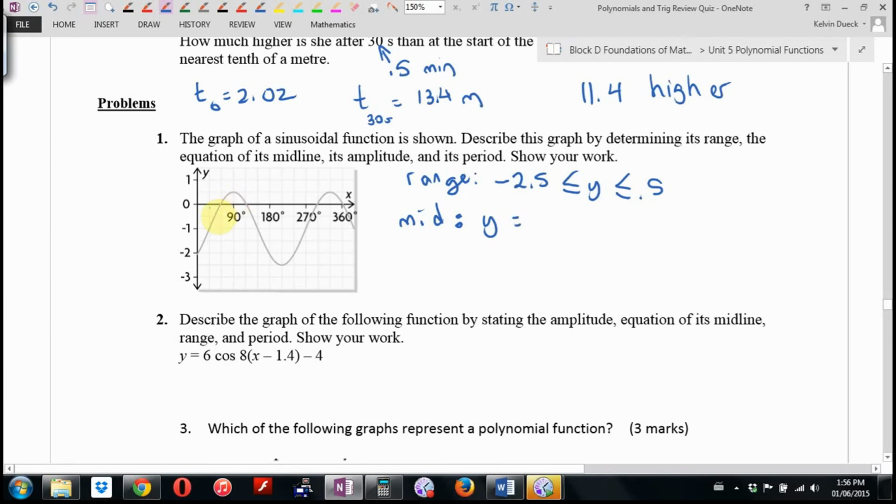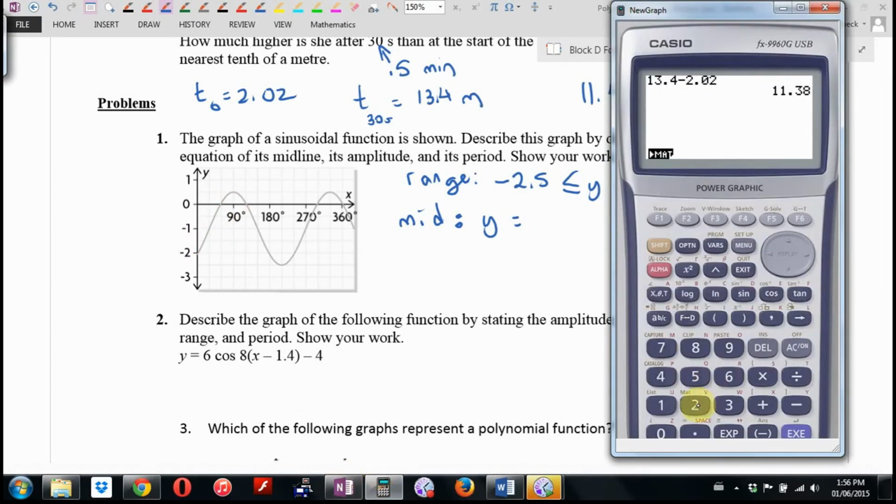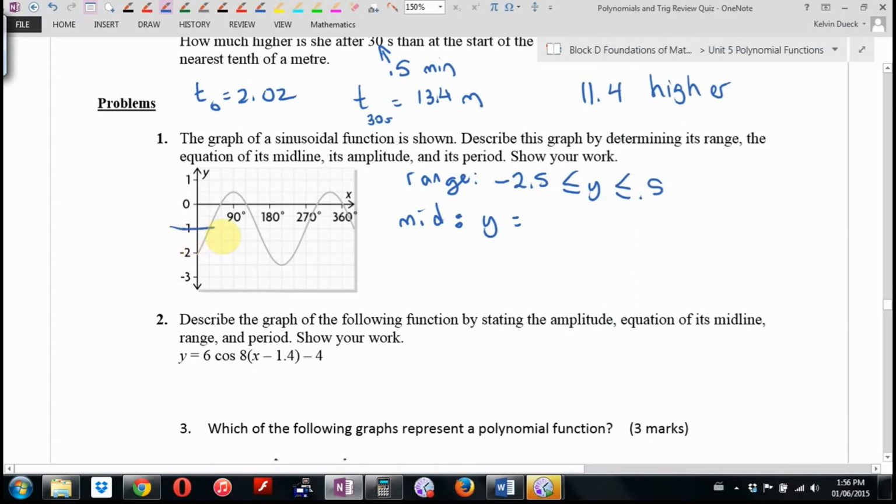I can find it mathematically: negative 2.5 plus 0.5 divided by 2. I think it's going to be right at negative 1. I think my midline is right here. Yes? 1, 2, 3 squares above, 1, 2, 3 squares below. Yep.